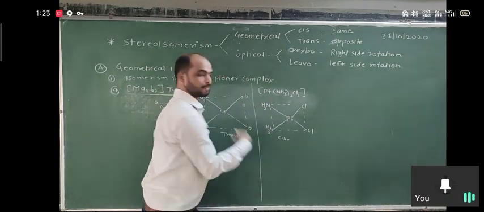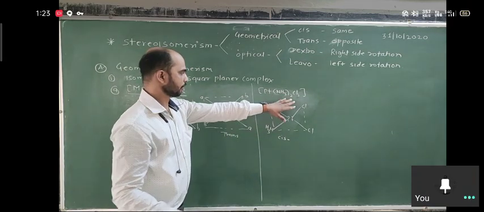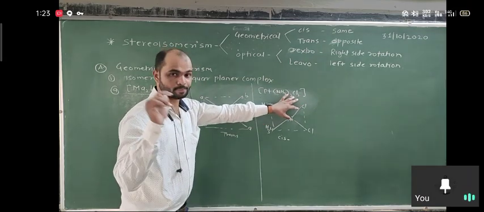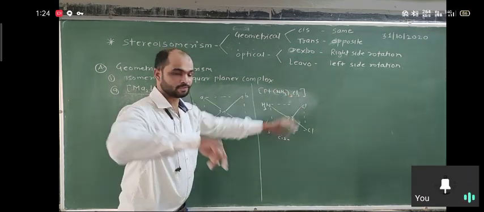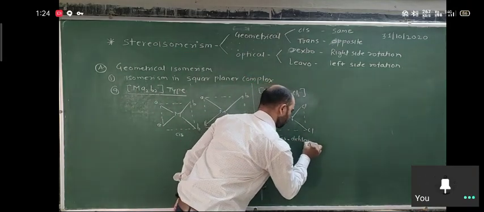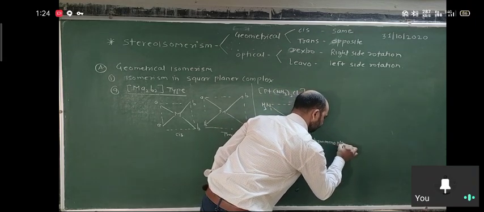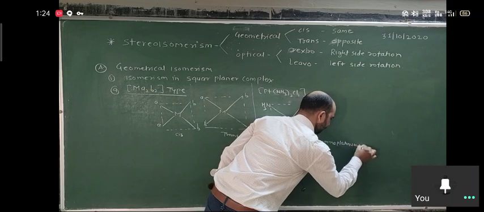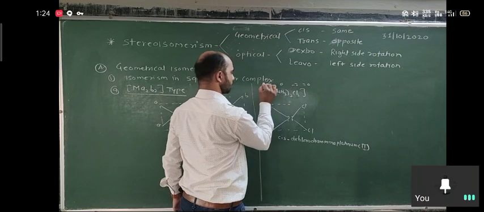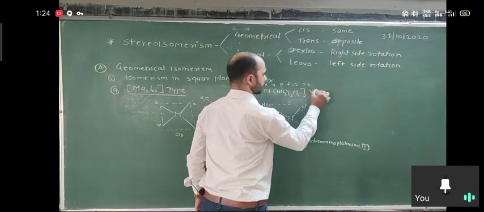What is the name of the complex? You are already familiar with the rules. It is a neutral complex, so we start the name from the complex part. In the complex part, starting from ligands, and in the ligands, starting from negative ligands. The negative ligand is chloro, so here is dichloro, diammine, platinum(II), because Cl2 is minus 2, NH3 is 0, so x plus 0 plus minus 2 is equal to 0, that means x is equal to plus 2.